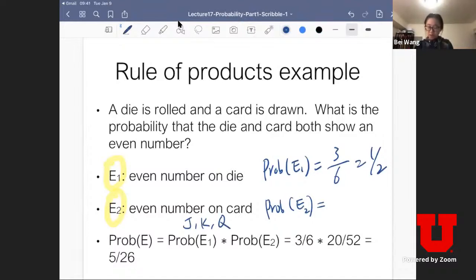So you have 40 numbered cards, but among them only 20 are even numbers. So you have 20/52. Then finally, you multiply those together to obtain your final probability.